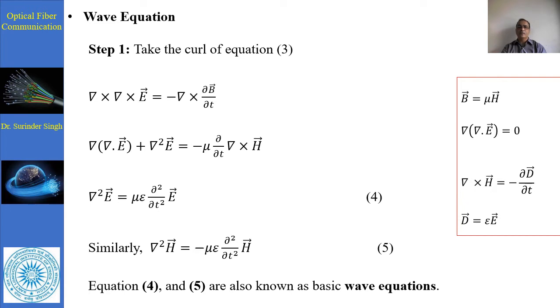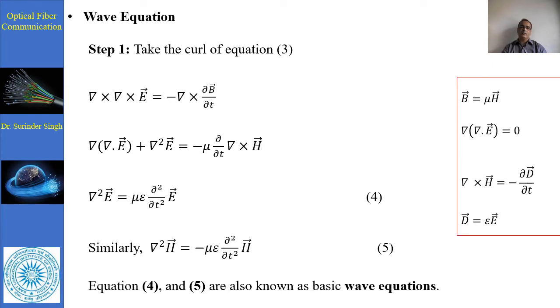So whenever we apply this, the minus signs cancel out, and the value of D equal to epsilon E is to be filled in, and epsilon and mu are taken out, and whenever we put this del cross E, there is a d upon dt, and this becomes the square. So D is equal to, as we have already mentioned, epsilon E, epsilon is taken out, and the E value came directly here.